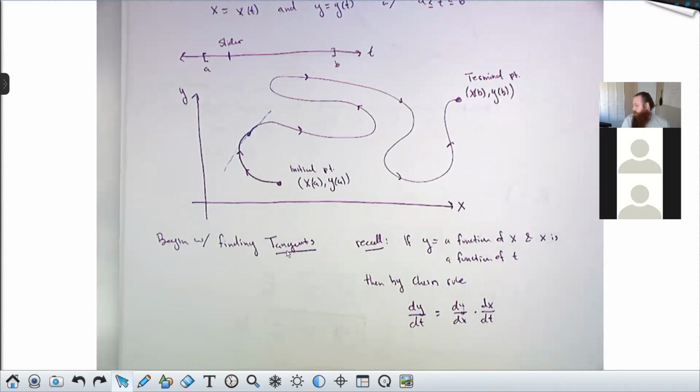Now, it's not true that everywhere here y is a function of x, right? At all the places where this thing fails the vertical line test, I cannot say y is a function of x.